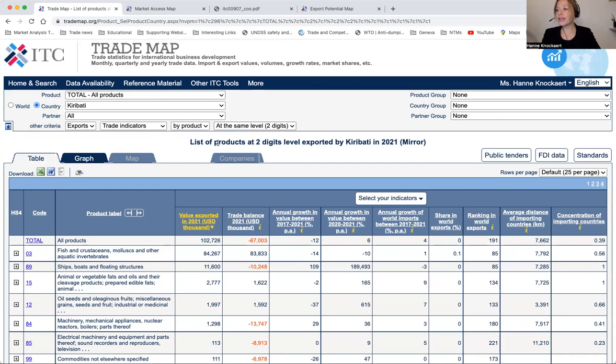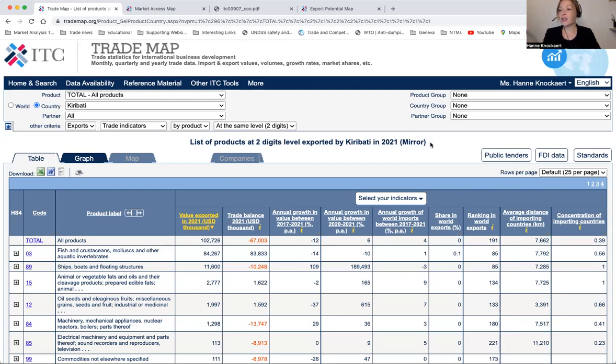So right now we are looking at the list of products at the 2 digits level exported by Kiribati in 2021. So that's the latest year available, since 2022 is still happening. But here you see that we are talking about mirror data.